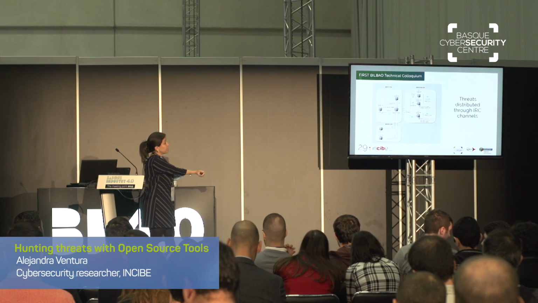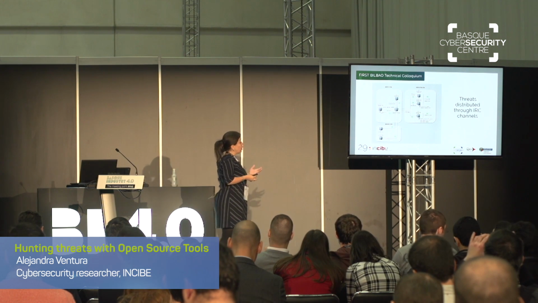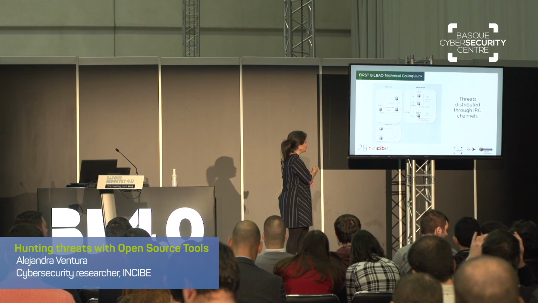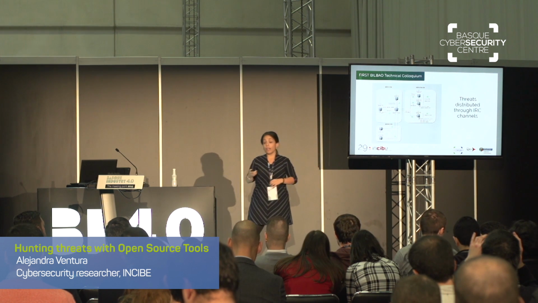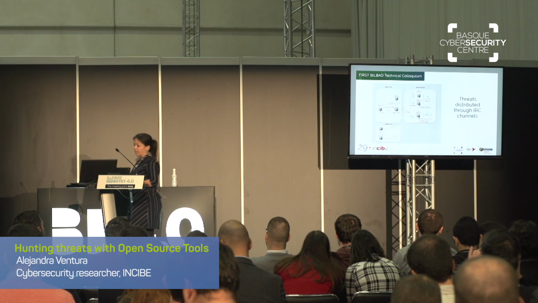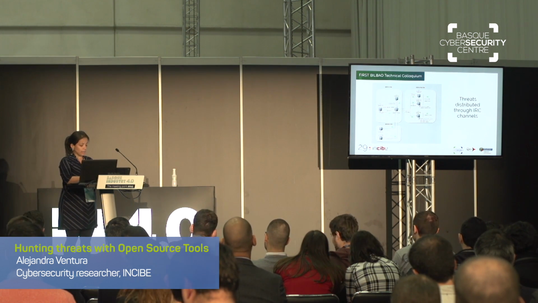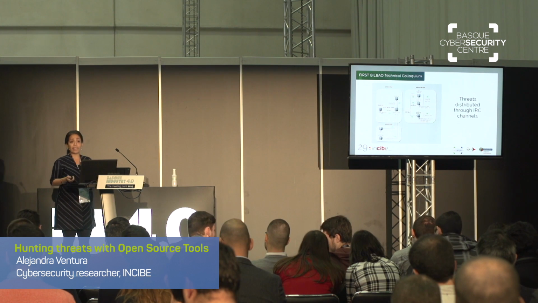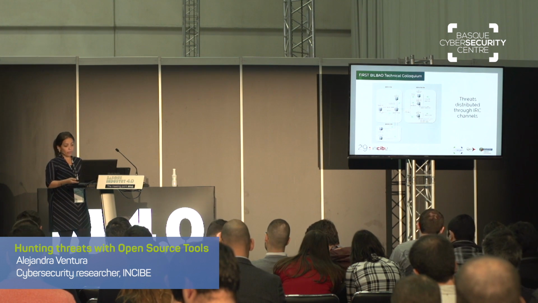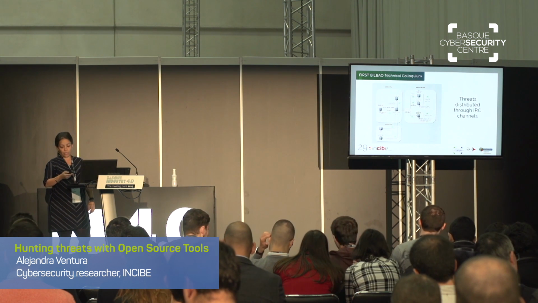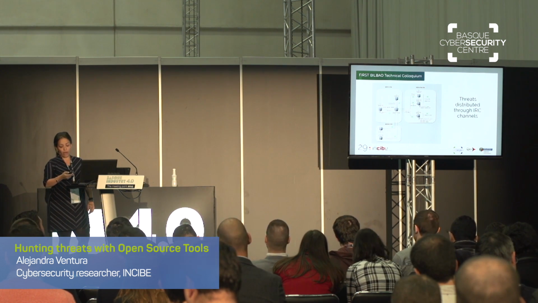So this kind of bot was trying to send a lot of phishing emails. We got a phishing campaign for an Italian bank. So this is one of the cases we got from honeypots.